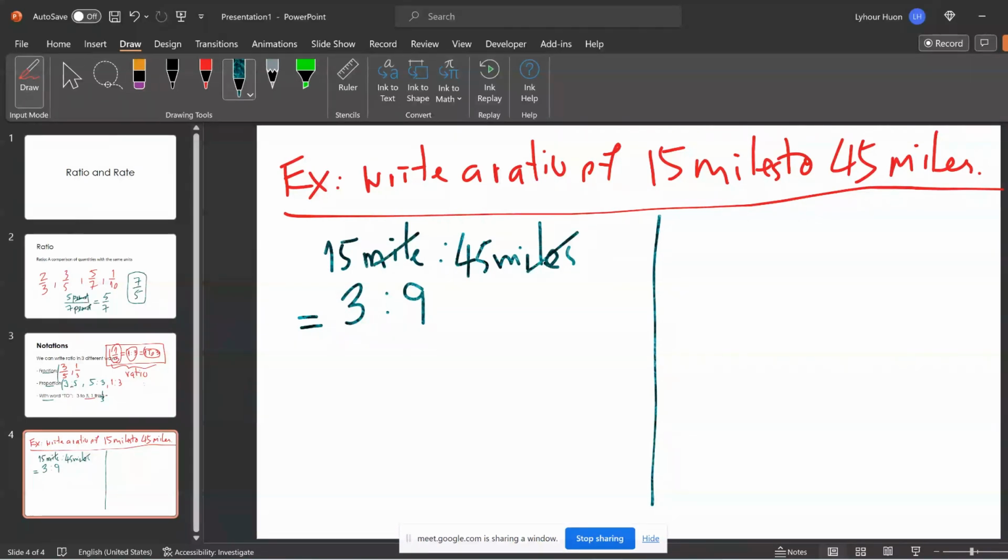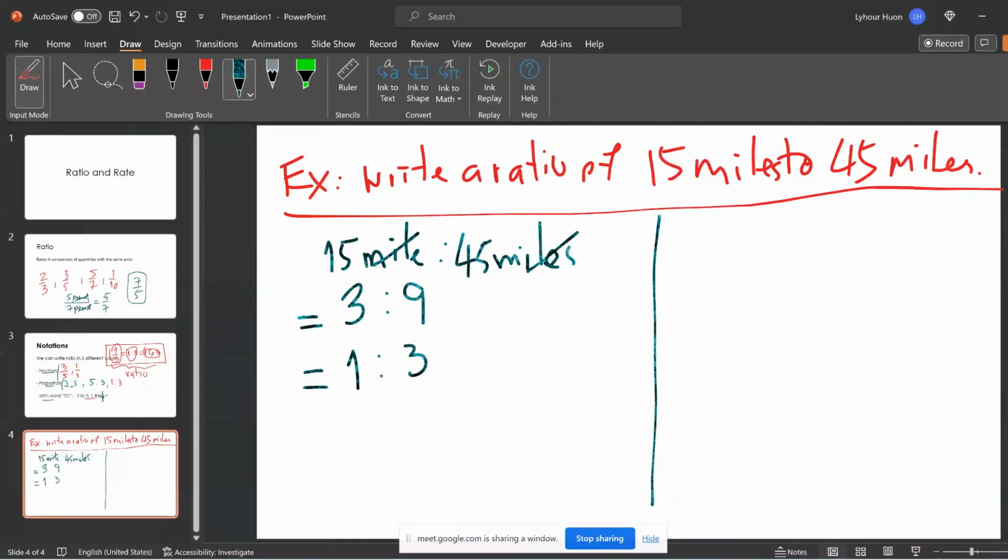Yes. Then the numbers 15 and 45, we simplify by dividing by 5. We get 3 to 9. Can we simplify more, or is it a result? We can simplify again, 1 to 3.